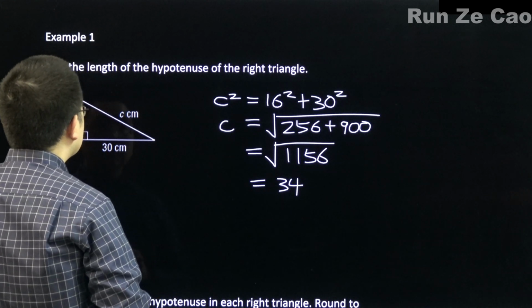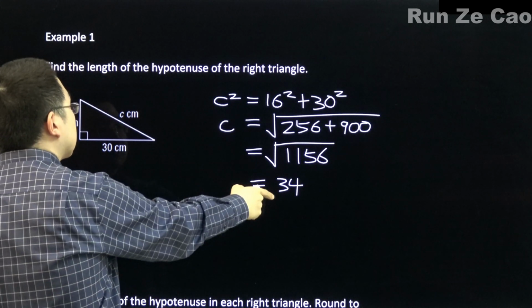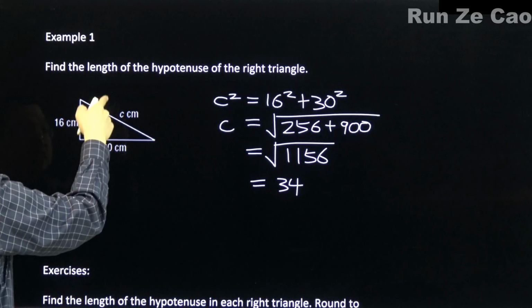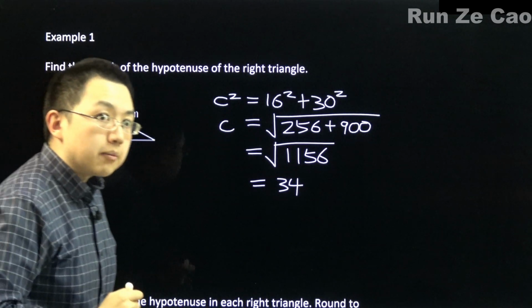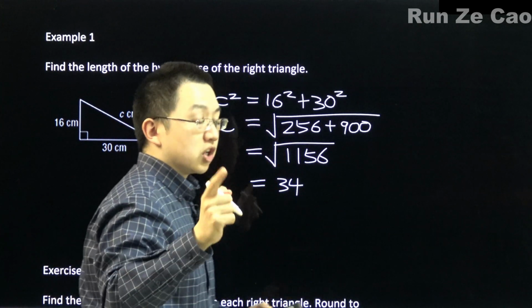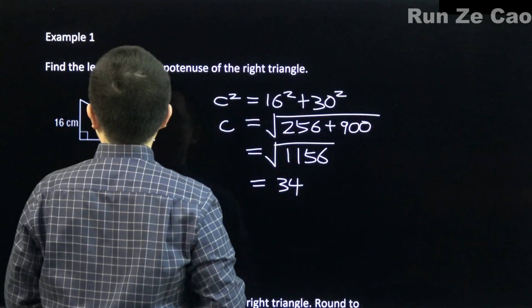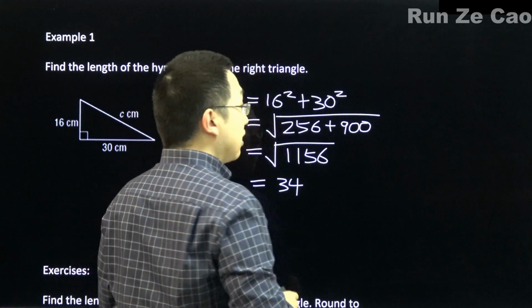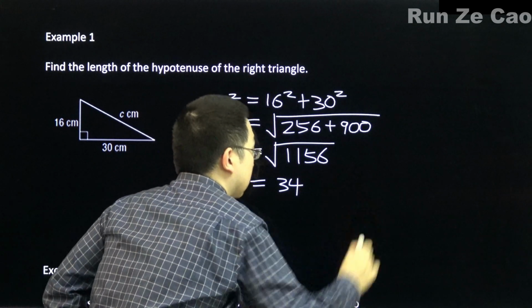And do we have to put units on this? Well, these are in centimeters, but hey, C centimeters. That means C is just a number. If it said 16 centimeters, 30 centimeters, and then just C, then we would actually have to put centimeters here.